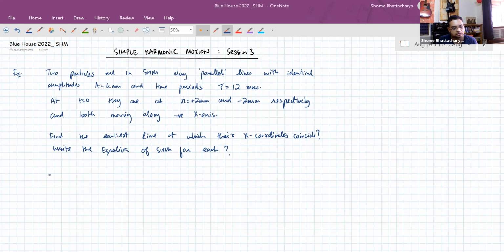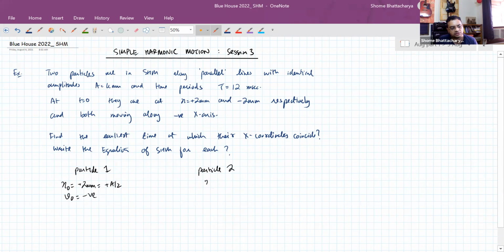Okay, so let's say we write the equations for particle 1 and particle 2 separately. So for particle 1, the initial position is... and the velocity is negative.